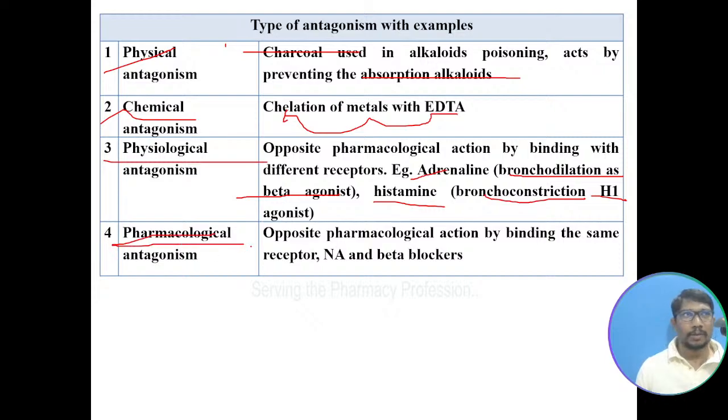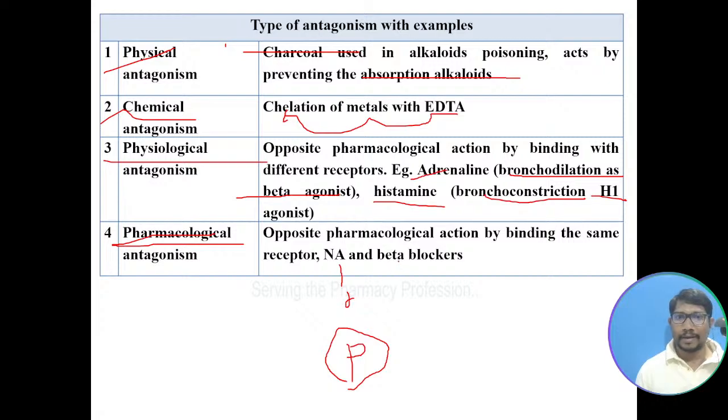What is pharmacological antagonism? They produce the opposite effect by interacting on the same receptor. For example, noradrenaline by interacting with the alpha receptor increases the blood pressure. An alpha blocker like prazosin, by blocking the alpha-1 receptor, decreases the blood pressure. So noradrenaline and prazosin are pharmacological antagonists.